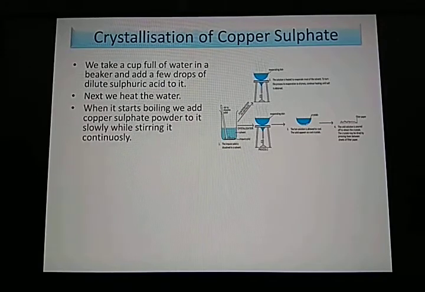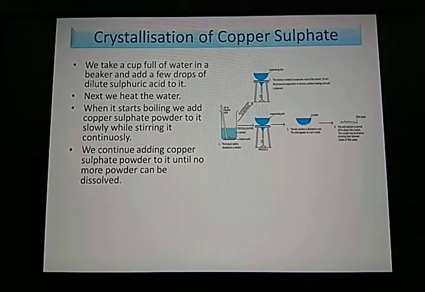When it starts boiling, we will add some more copper sulfate powder and stir it again with the glass rod, and we will continue until no more copper sulfate powder can dissolve in it. Clear? Until it can dissolve, we will keep on dissolving.